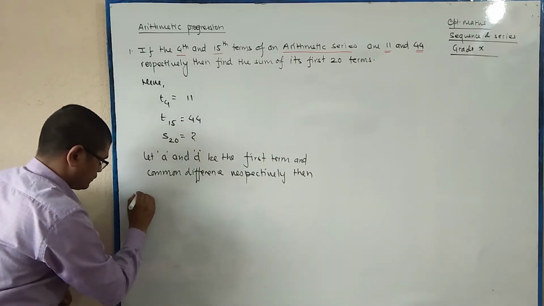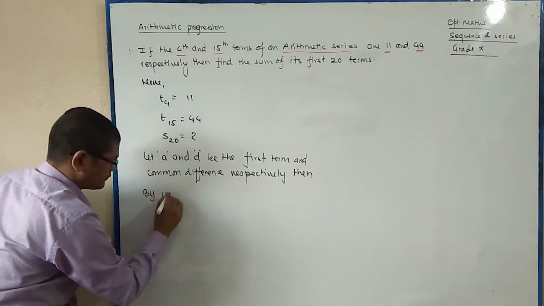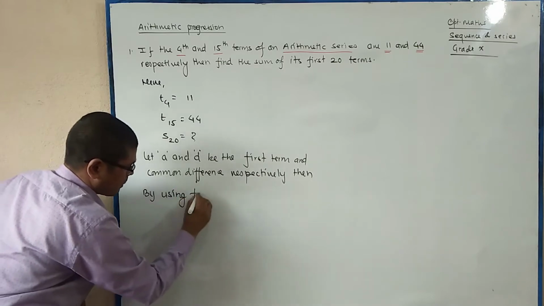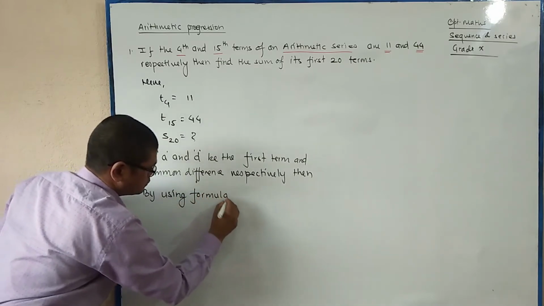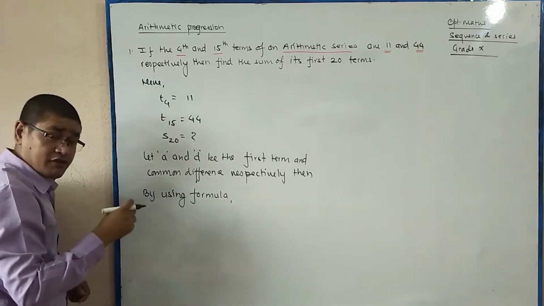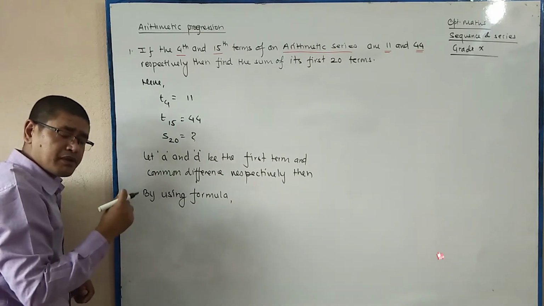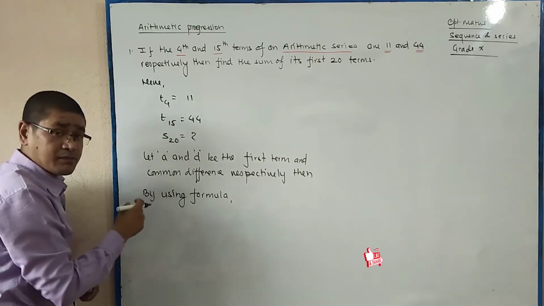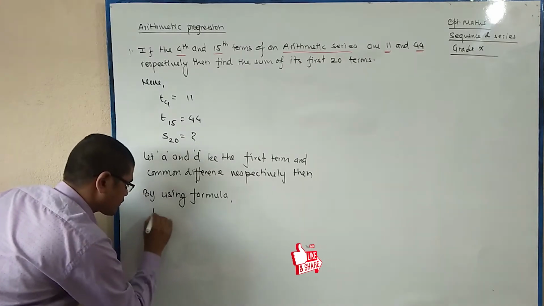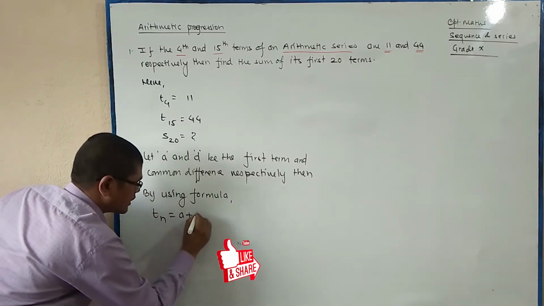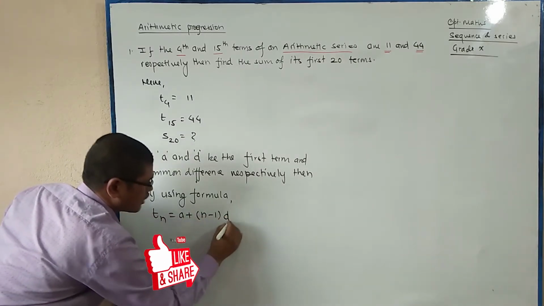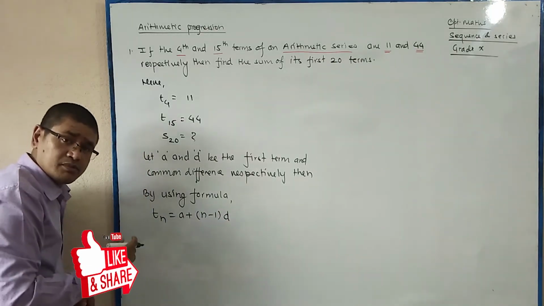By using the formula, don't give the formula directly the first time. At least one time the formula must be mentioned, so I write like this: Tn equals a plus n minus 1 times d. It's our general term formula.